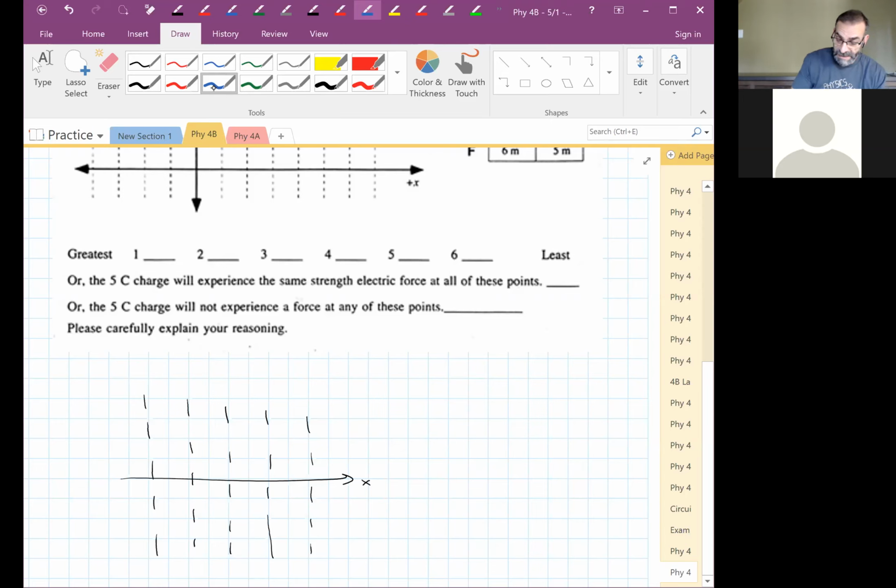And they tell us actually too, right? Yeah, they have to be perpendicular to this. So you know they either go this way or they go this way, right? One or the other. But they told us it was a uniform electric field pointing in the positive x direction. So we'll just draw them in that direction.